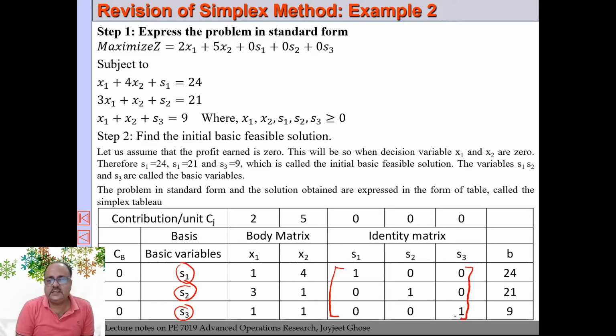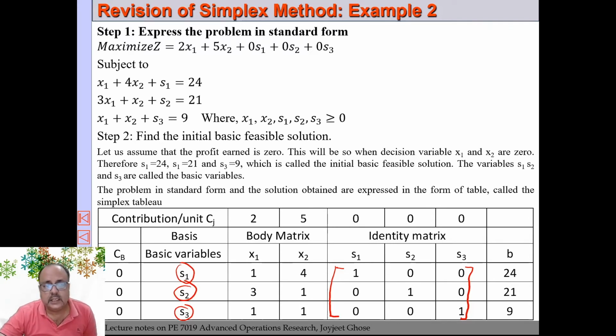Okay, so this is an identity matrix. This will always be an identity matrix. The aij's of the basic variables will always be an identity matrix, and we'll see that the cj minus zj of the basic variables will also be equal to 0.